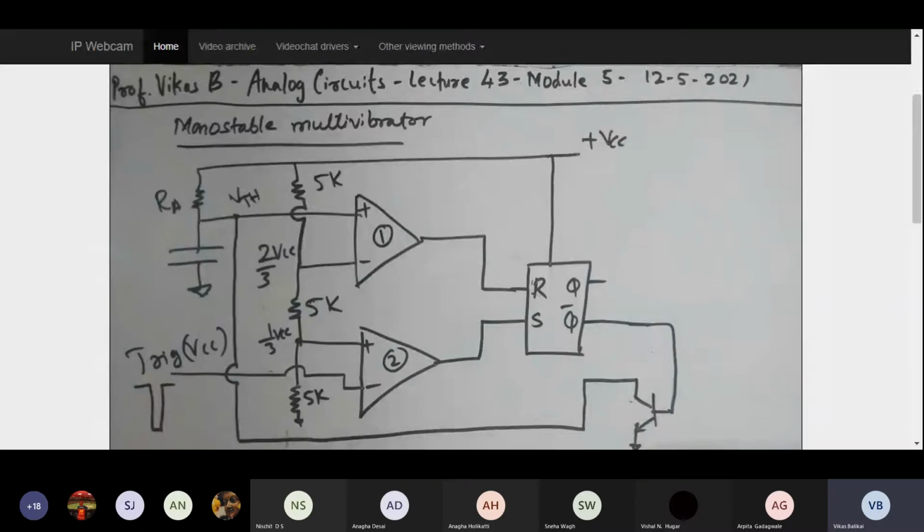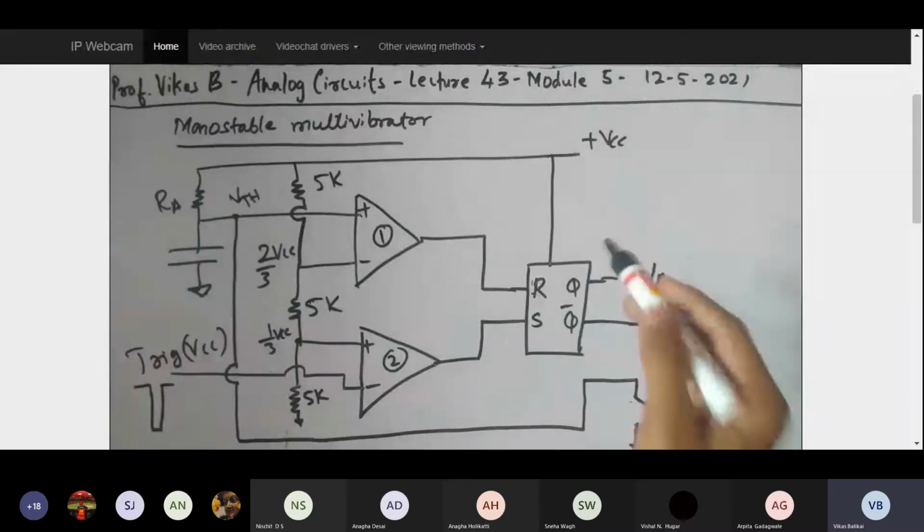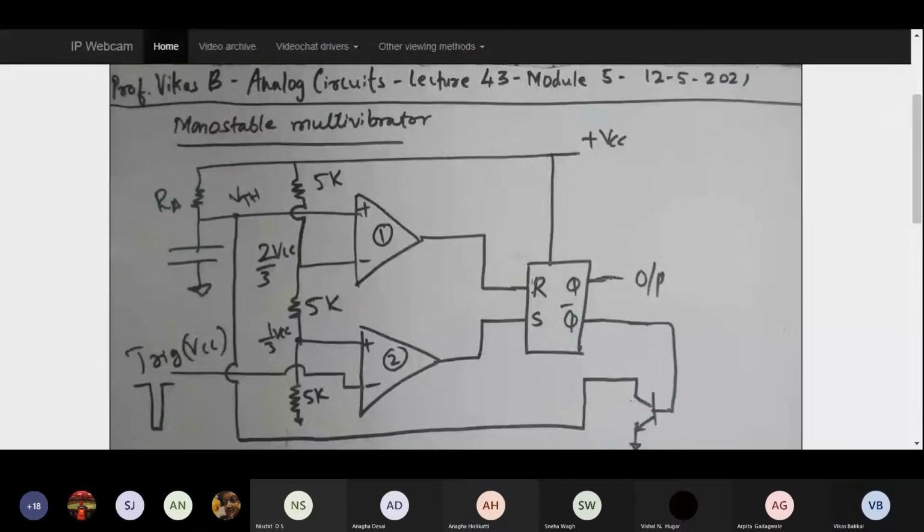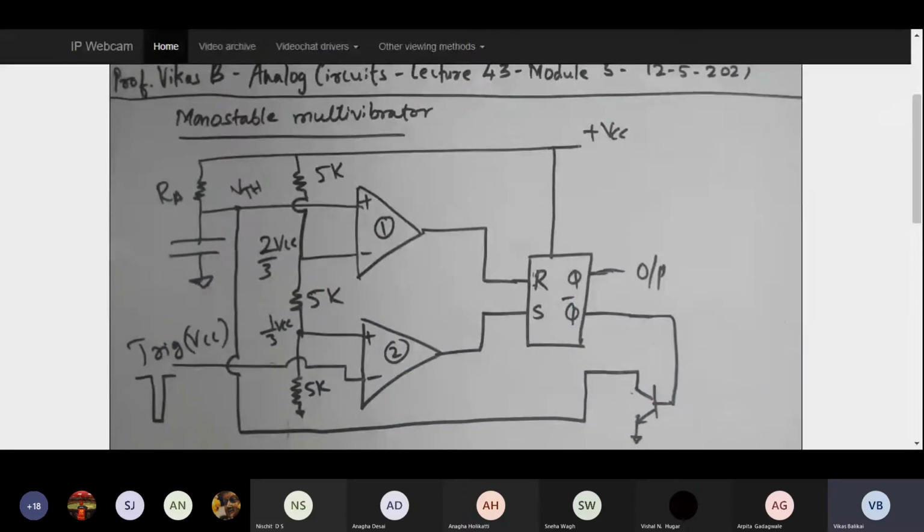So this is the structure of my monostable multivibrator, and I am taking the output at the Q of my flip-flop. This is how the circuit of my monostable multivibrator looks.